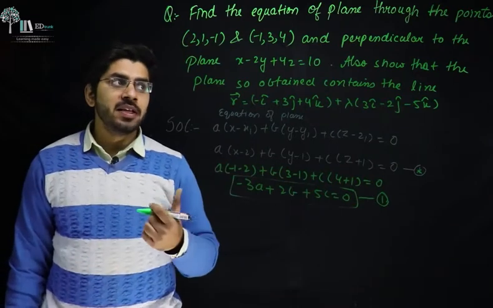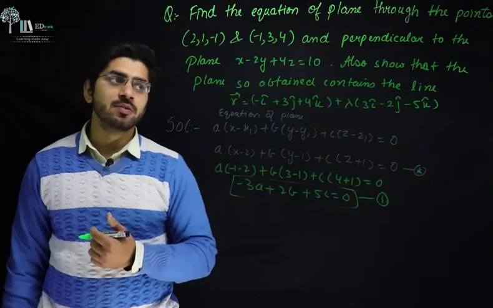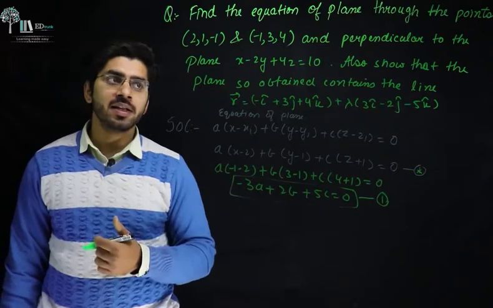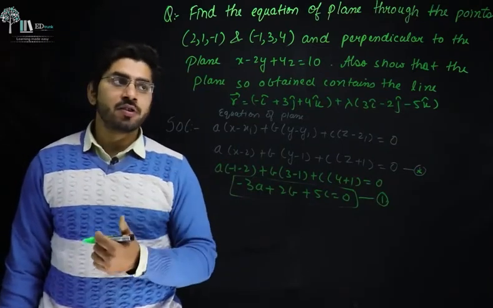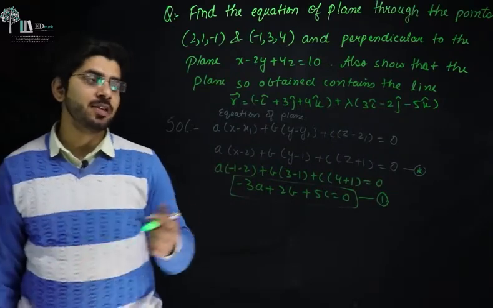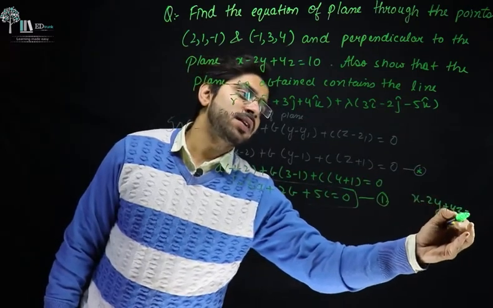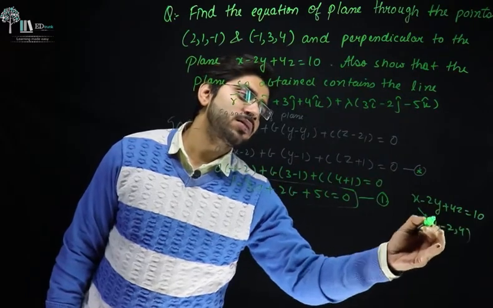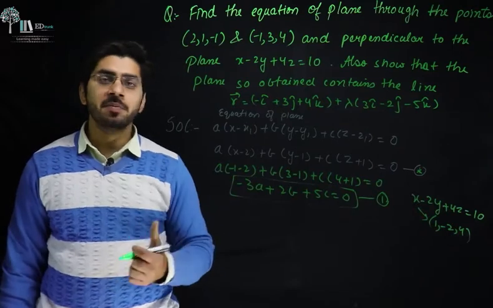Now the given plane is also perpendicular to the plane x minus 2y plus 4z equals 10. If it is perpendicular to this plane, that means the dot product of the direction ratios of their normals is equal to 0. The direction ratios of the plane x minus 2y plus 4z equals 10 are 1, minus 2, 4, and the direction ratios of the plane which we have considered are a, b and c.